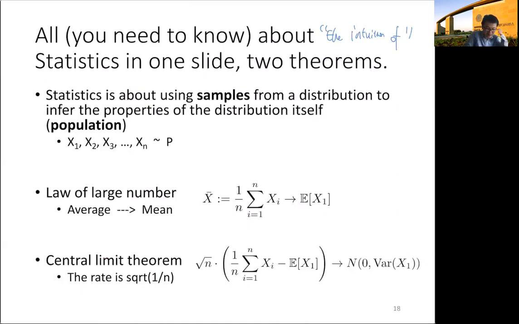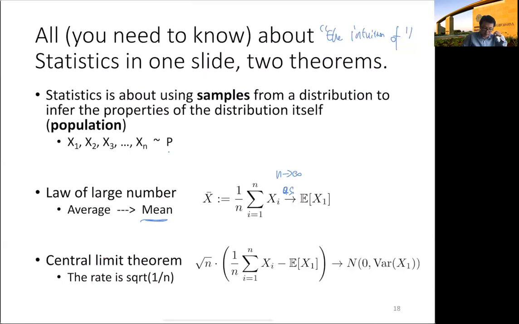Without specifying what this distribution is, statistics tells you that under very weak conditions, there's something called the law of large numbers, which says that the average of these IID, independent samples will converge to their mean, to their expected value. This often converges almost surely under very weak regularity conditions as n goes to infinity.